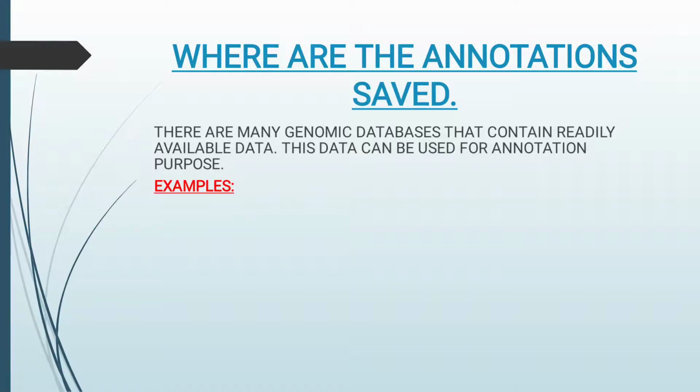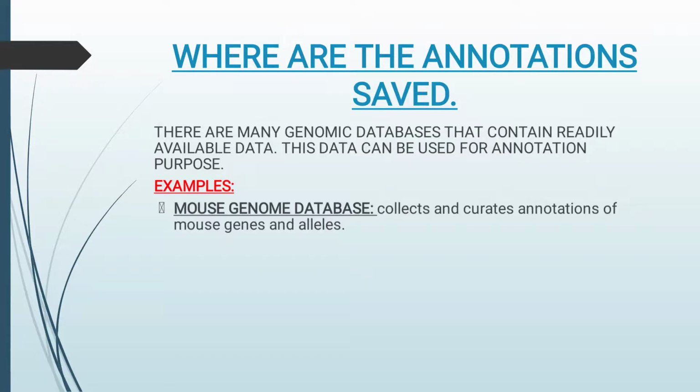Now I'll give you some examples of databases which save the secondary information, which save the annotations. First one, the mouse genome database. The mouse genome database collects and curates annotation of mouse genes and alleles. The mouse genome is larger than the human genome.